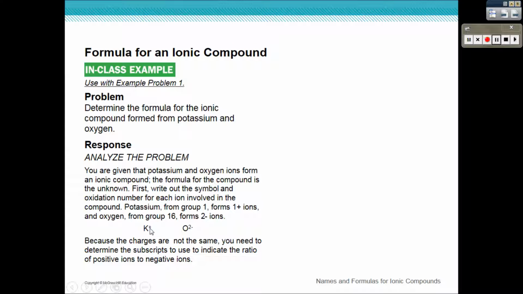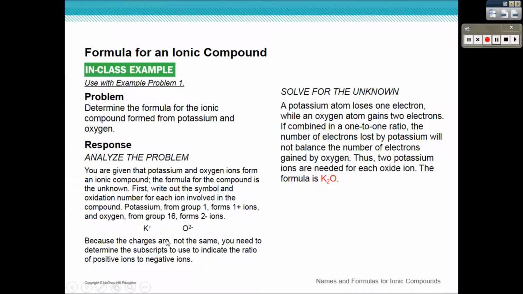Now, if you add +1 and a -2 together, you'll get a -1 left behind. We have to have it neutral in the end. So that means we're probably going to have 2 potassiums to hook up with the 1 oxygen. Because if you have 2 positive ones, that will cancel out with a -2. So the answer would be K2O. You're going to need 2 potassiums, or 2 of the Ks, and 1 of the O's, K2O.